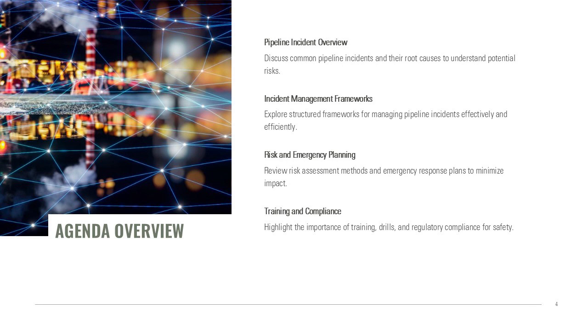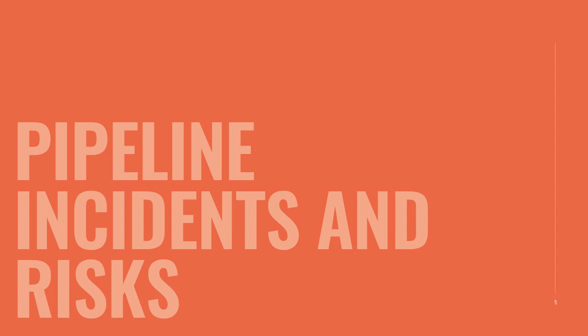A real-world case study will illustrate lessons learned, and we will conclude with regulatory compliance requirements and strategies for continuous improvement. This structured approach ensures a comprehensive understanding of how to maintain pipeline integrity and respond effectively to incidents. Common pipeline incidents, risk assessment and hazard identification.